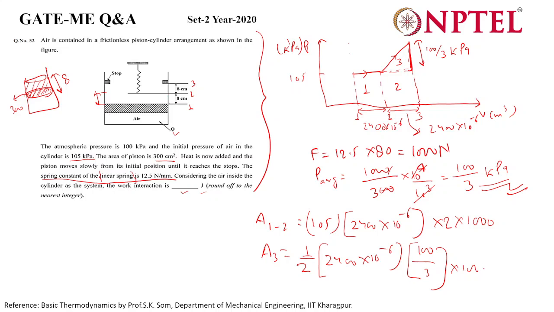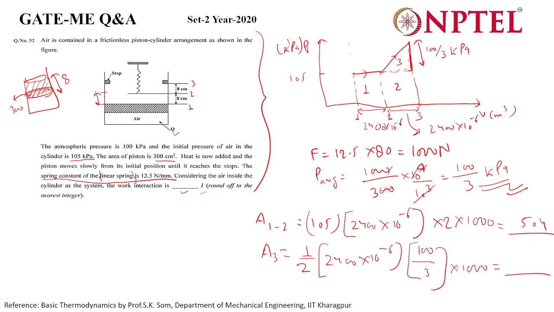1000. Now let me do the value. For first, how much is it coming? 504. And for second, how much is it coming? 4. What? 4 sir, 4.